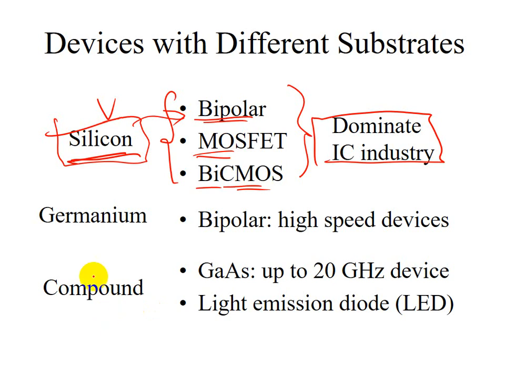You can also use germanium. Germanium is the same as silicon, an element in group 4. When you build the IC using germanium, it can have a faster mobility than silicon.